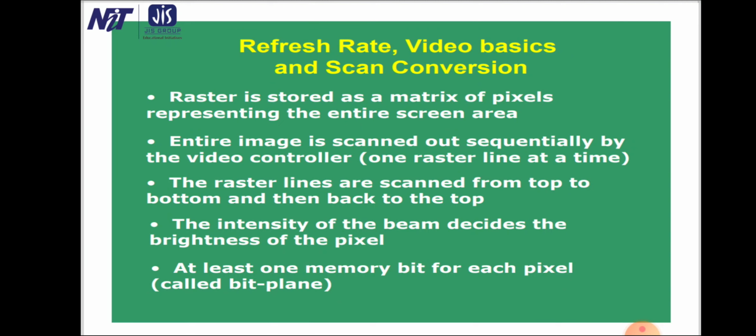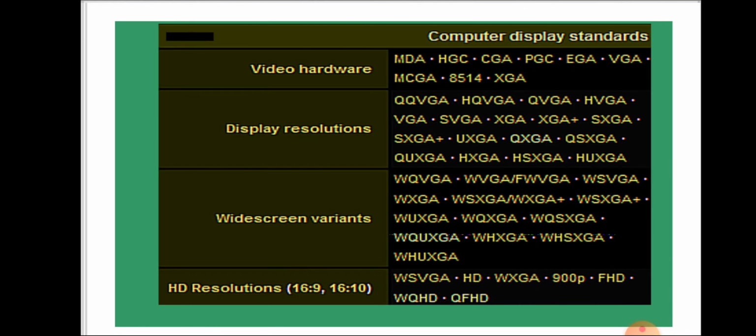The raster lines are scanned from top to bottom and then back to the top. The intensity of the beam decides the brightness of the pixel, and at least one memory bit for each pixel is referred to as bit plane.